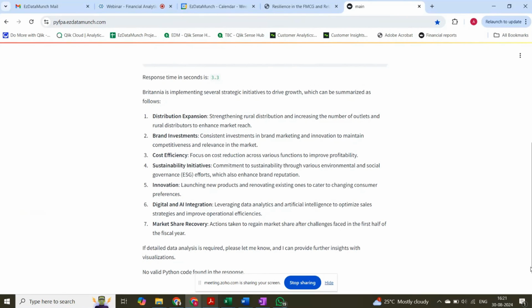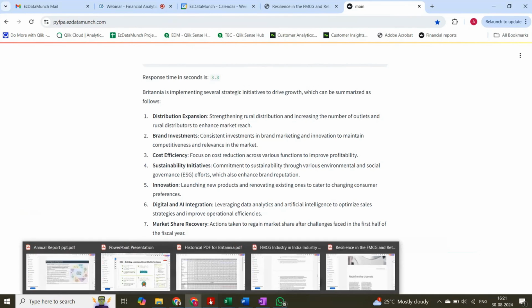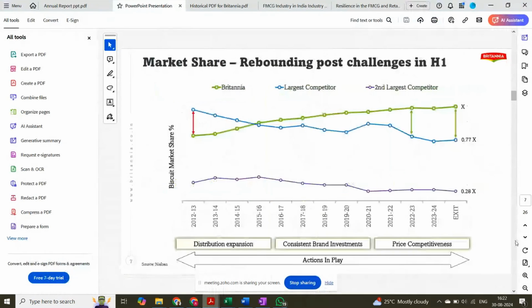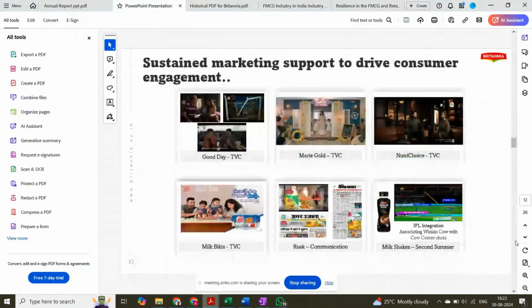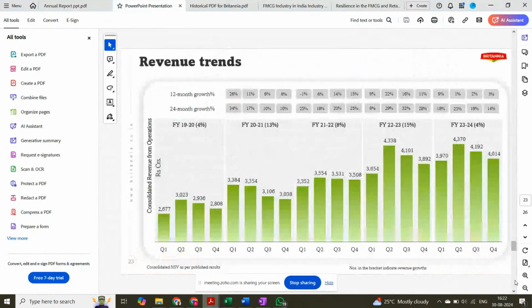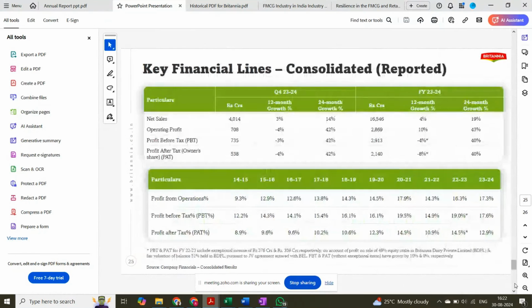Now, just imagine the amount of time I would have taken to read this complete document and come back with some numbers. These numbers, which we have just noticed in the last 20 minutes we've been talking, we've understood the entire picture: what Britannia has done, what its different results were, which markets are working, which quarters are working, what is my profit after tax and what my net sales were.